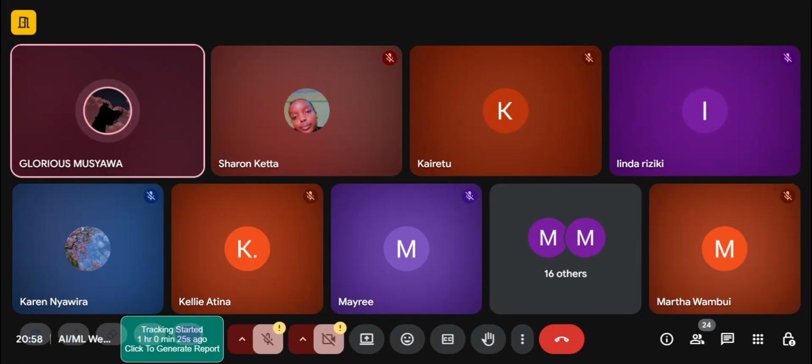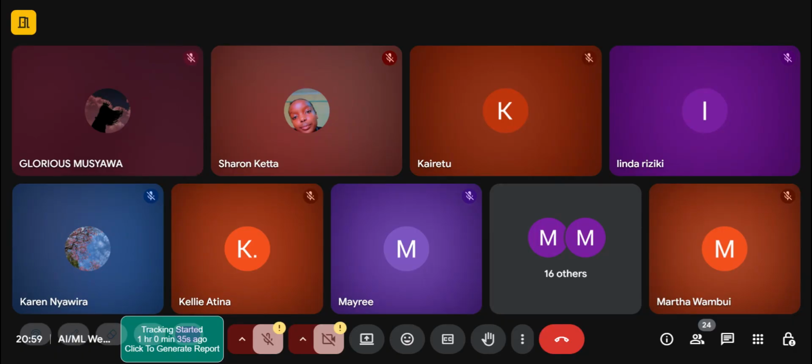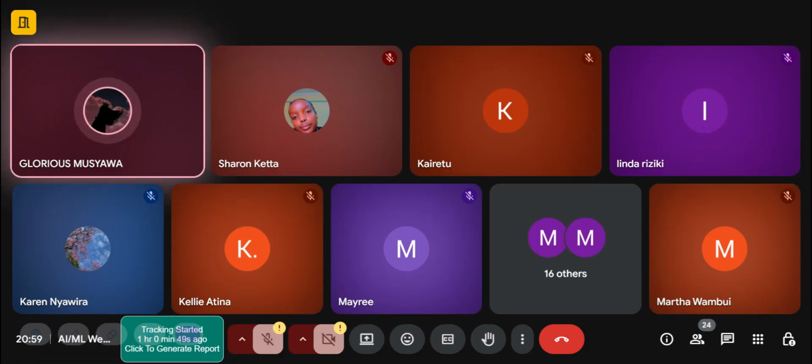Group 3, we have Tamia, Esther Maina, Paulina Thiambo, and Mary. If you don't have a group, you're automatically in group 4.